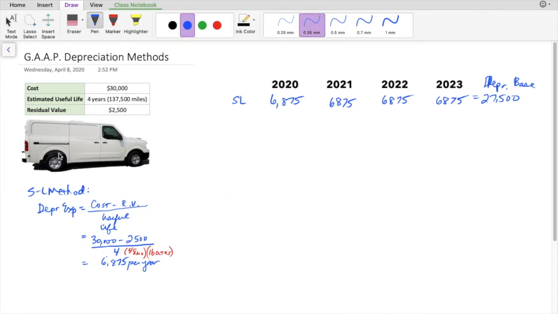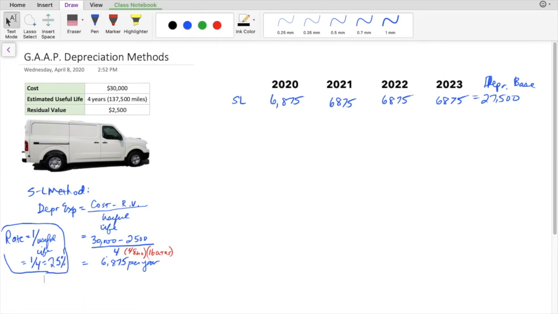So, on straight line, the depreciation rate is calculated by taking 1 divided by the useful life. And so in straight line, the rate is 1 over 4, or 20%. For our example, 20% per year. For 4 years, sorry, not 20%. Better get my math right. It's 25%.